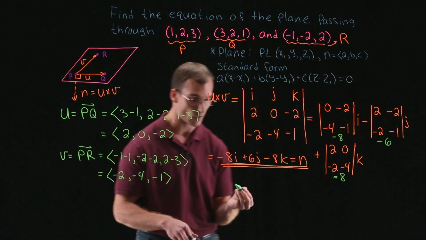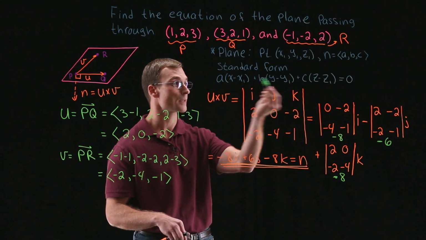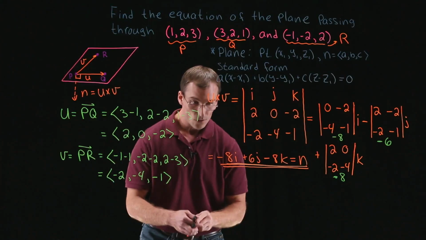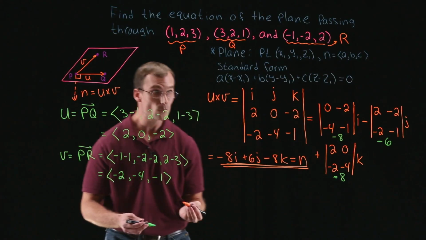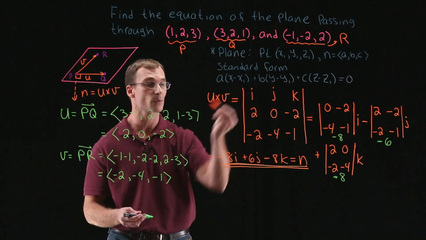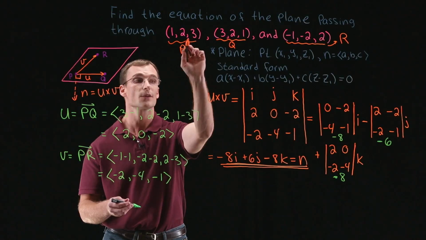So now we have our A, B, and C, our components, that we can now plug into our standard form of the equation for our plane. So let's go ahead and do that. So we're going to have A times x minus x1. Now all we have to do is pick any point that we want. We can just pick the first point with coordinates 1, 2, and 3.